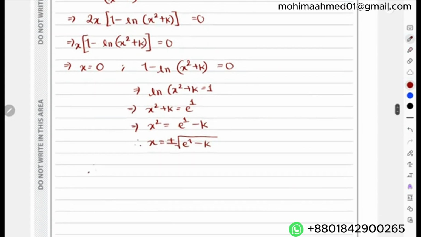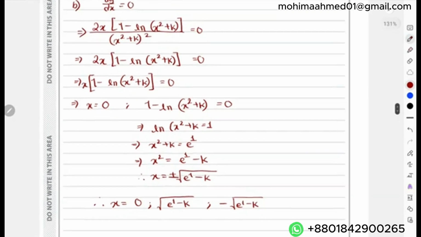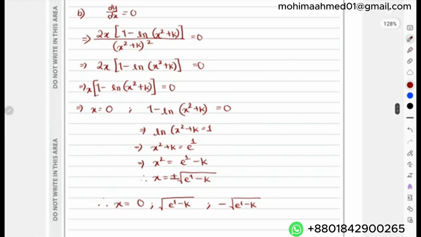So the final x coordinates of the turning points are 0, the positive root of e^1 minus k, and the negative root of e^1 minus k. Yeah, so that is it for part B.